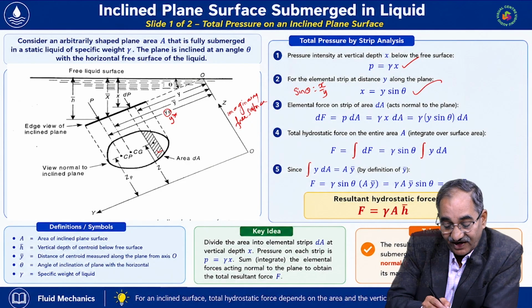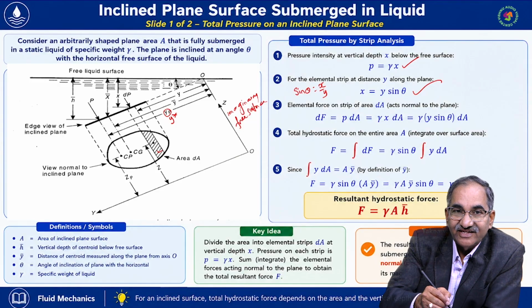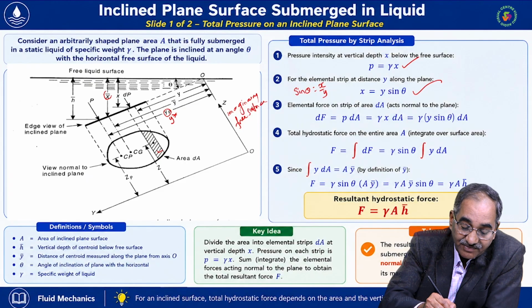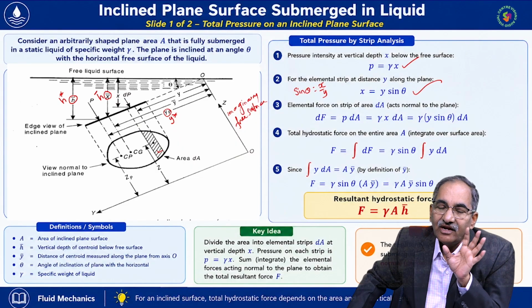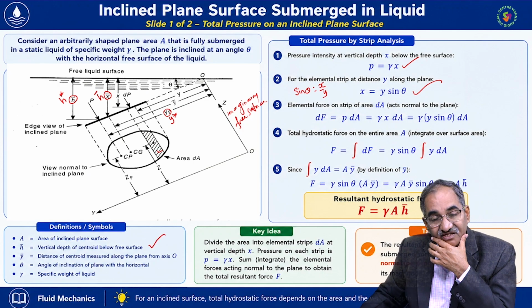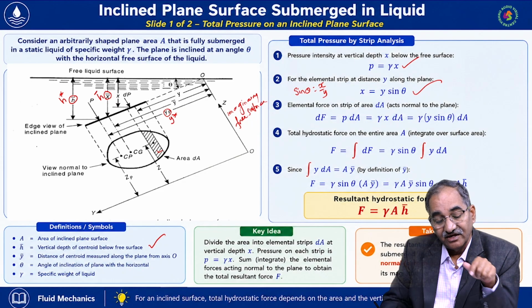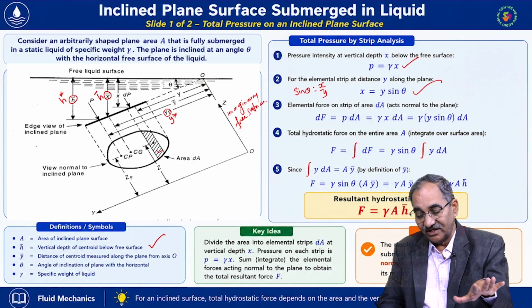P is also fine because it is CP. Then correspondingly the vertical distances from the free surface: the first one is x, the second one we replace by h bar, and the third one by h star. As per our regular notation, h bar is the vertical distance of the centroid below the free surface, and h star is the distance of CP from the free surface.